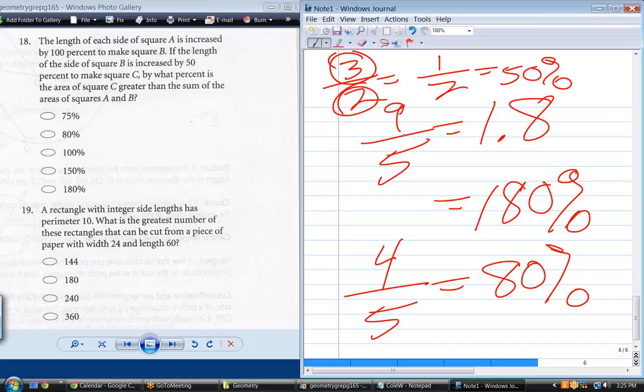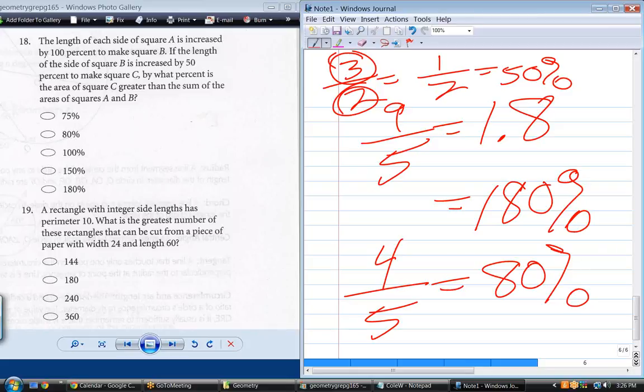And when I go from 5 to 9, if I went from 5 to 10, that would be an increase of 100%. So going from 5 to 9 is a smaller increase than 5 to 10. And so you can kind of work out that the answer has to be less than 100%.